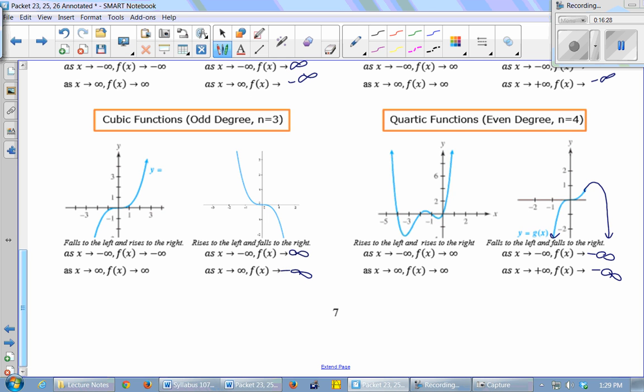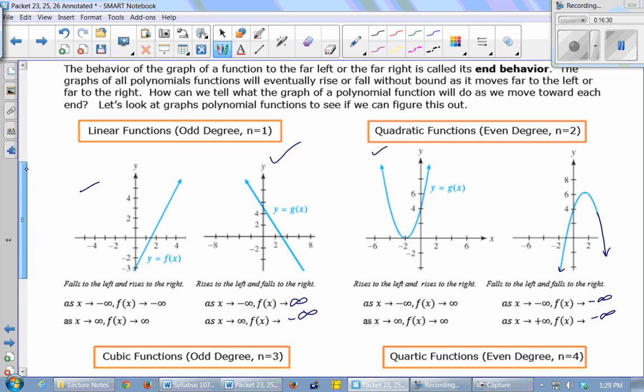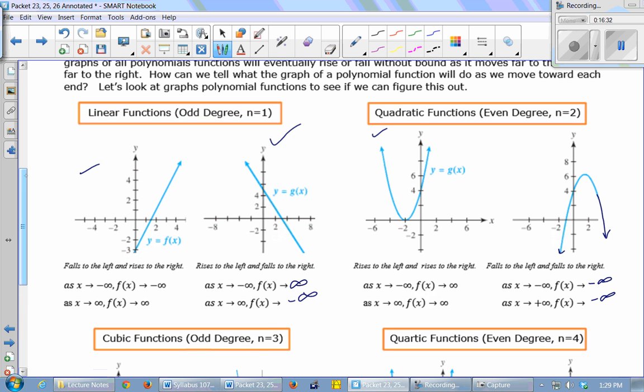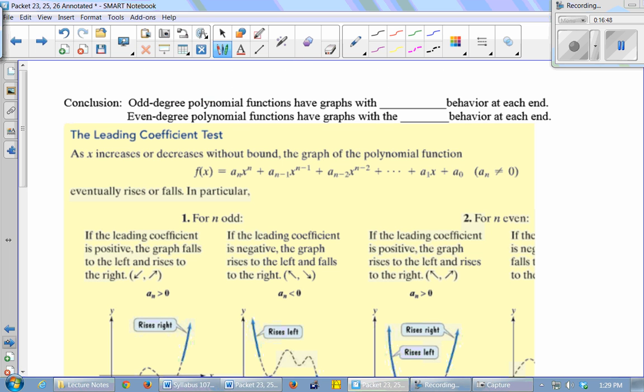So we can kind of try to generalize and say when the degree is odd, right? Because when it was 1 and when it was 3, the end behavior looks the same, one arm up, one arm down. And when the degree was even, right, 2 and 4, it was both arms up or both arms down. So that actually turns out to be the final conclusion.